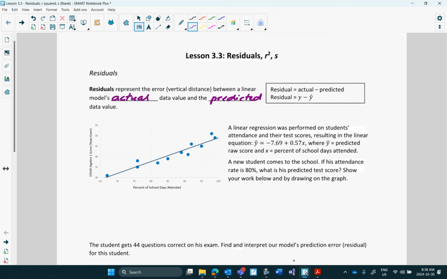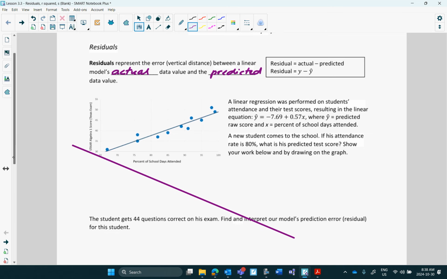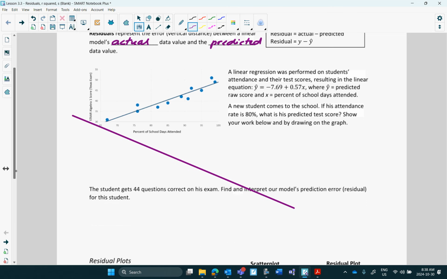So going back to the example we did in the last lesson with the percent attendance and raw score on an Algebra 1 state test, we had 11 data values.